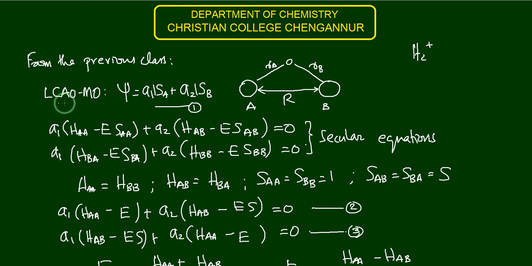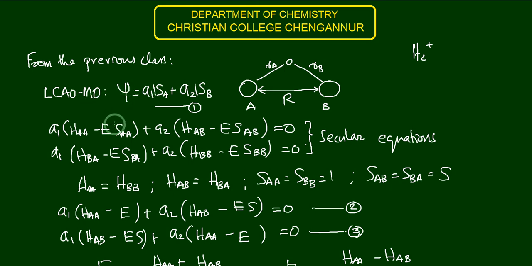So we adopted the LCAO-MO method, where the wave function psi, corresponding to the molecular orbital, is equal to A1 1sA plus A2 1sB. 1sA is the atomic orbital of hydrogen atom A, and 1sB is the atomic orbital of hydrogen atom B. Each wave function is multiplied by some constant and then added up, which is called a linear combination of these two atomic orbitals. So psi is an LCAO-MO.